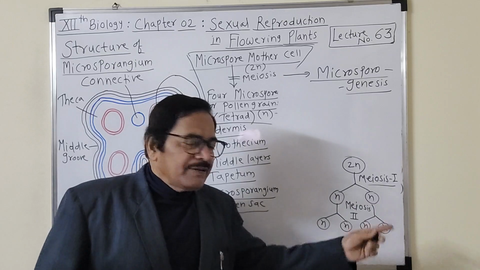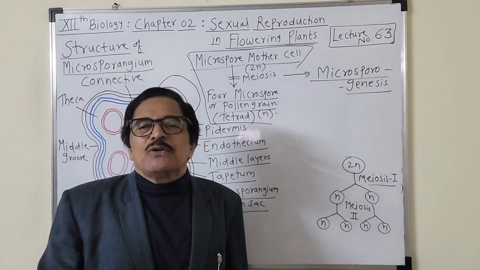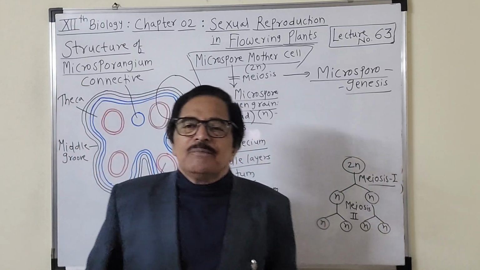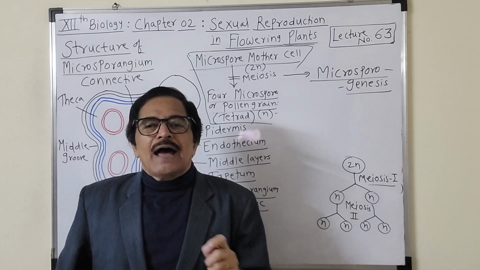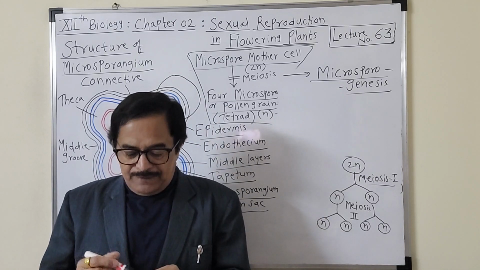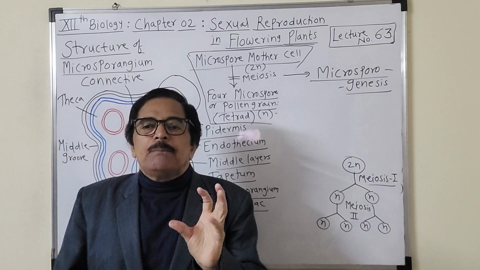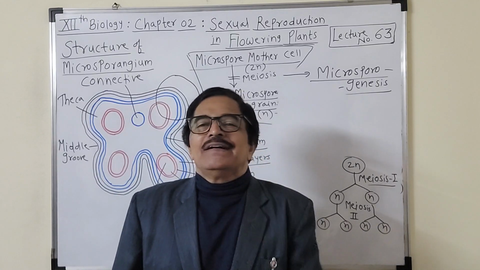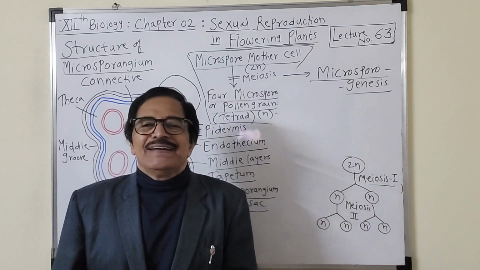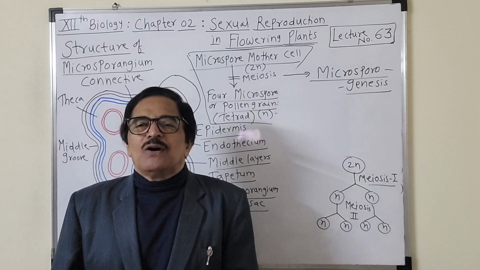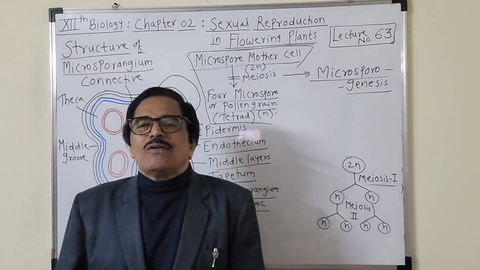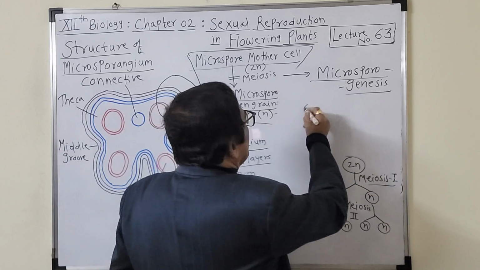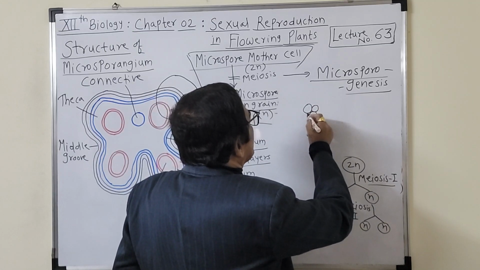And in total how many cells are formed? 4 cells are formed. So a single diploid microspore mother cell produces 4 haploid microspores, and they get arranged in the form of a pollen tetrad, a tetragonal structure. Those 4 pollen grains will be attached together like this.